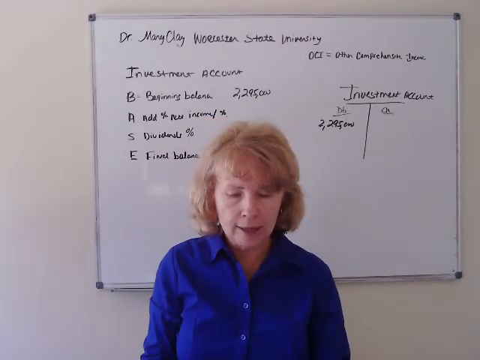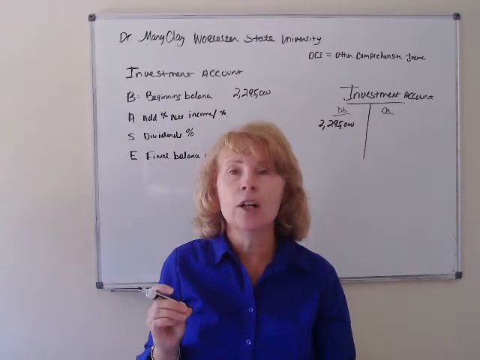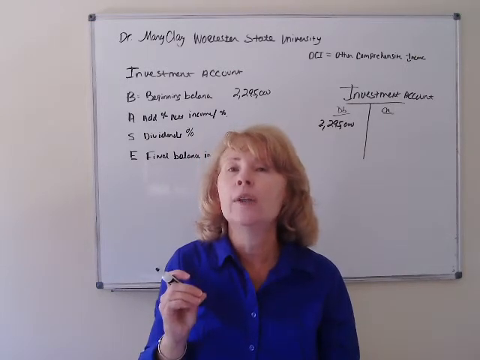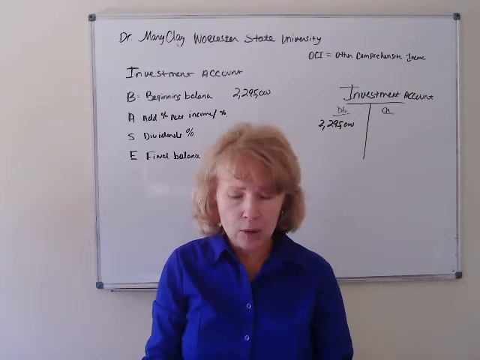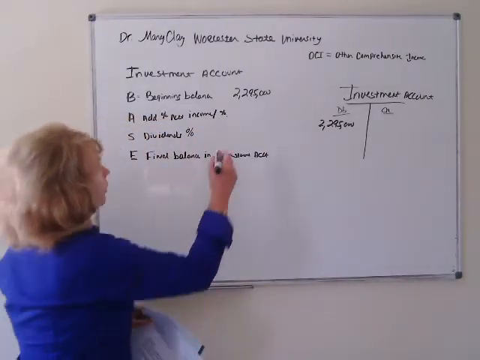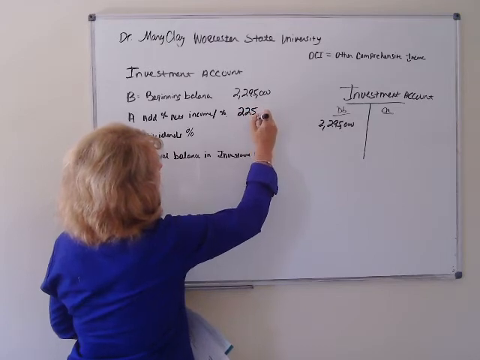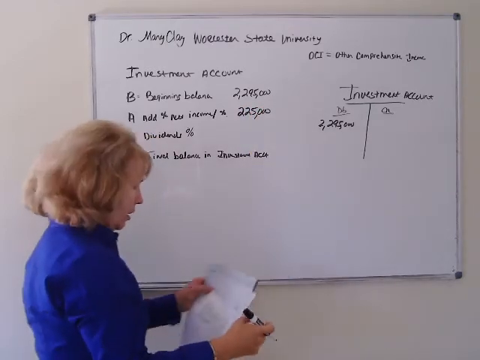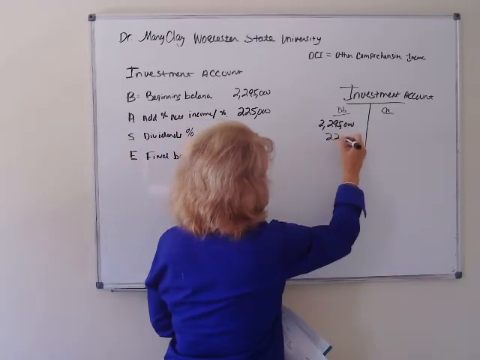They told me that the company earned a net income of $750,000. They only own 30%. Take $750,000 and multiply it by 30%. So that we will add $225,000. Not $750,000, $225,000, and I will debit that.